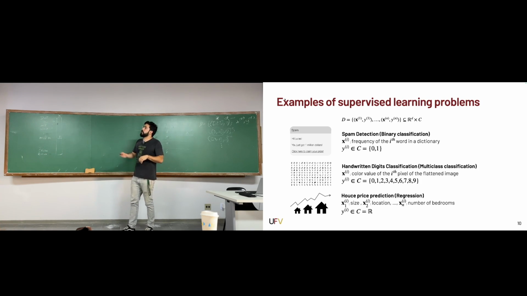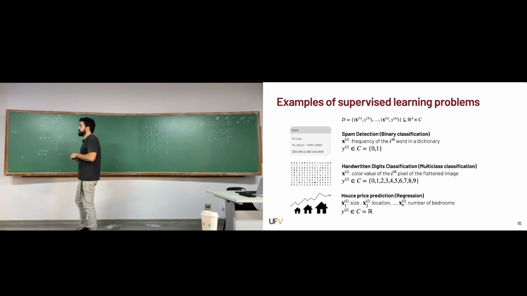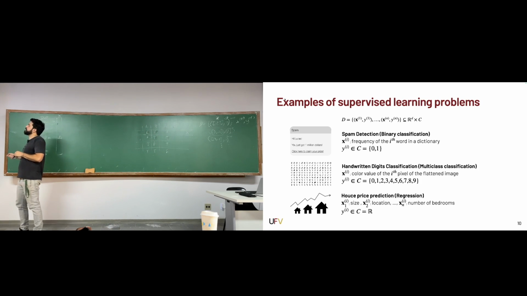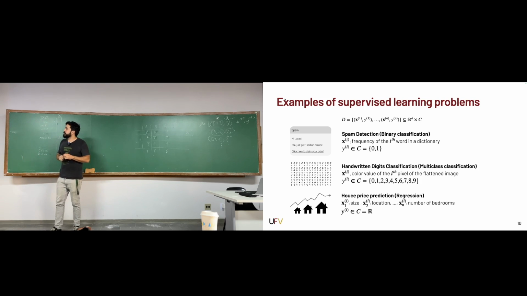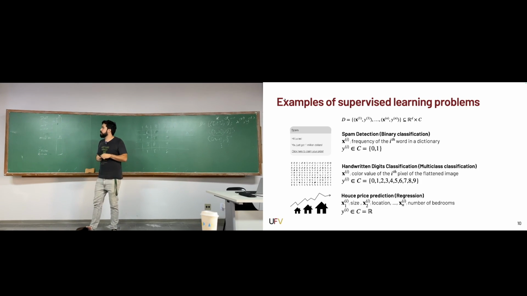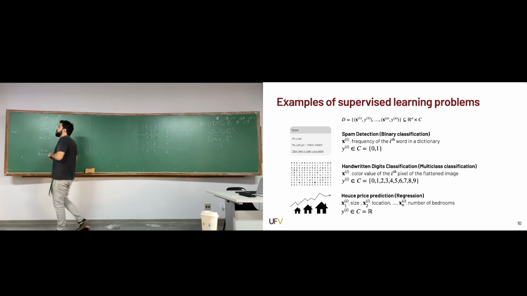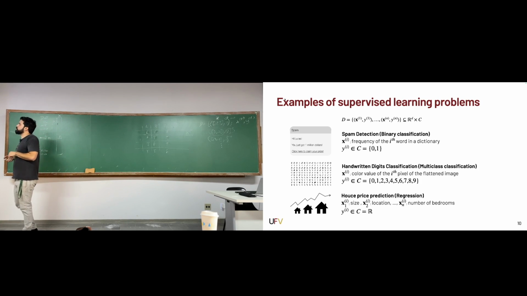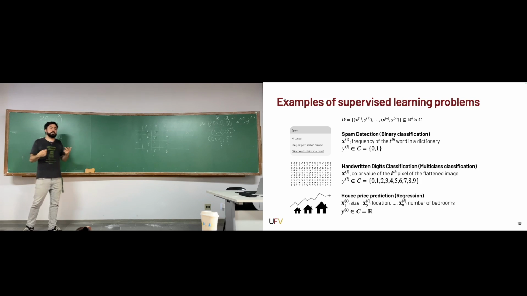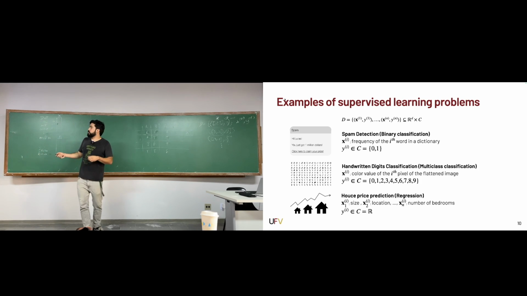And what is left is the regression problems. Here there's a typo; it should say house price prediction. In regression problems, we also have an input vector x, but our labels are real numbers, or any number. This house price prediction problem is very popular.